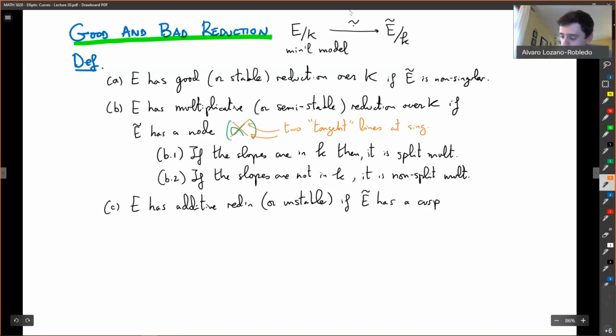In that case, the picture looks like this, and there is only one tangent line. It's not really a tangent line, because the derivatives at that point completely vanish, so there is no well-defined tangent line. But if you were to define one as a limit, there would be only one such tangent line, and that's a cusp.